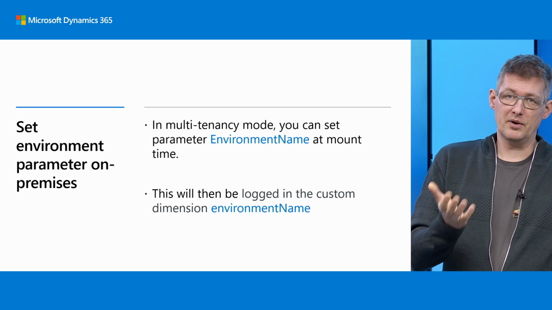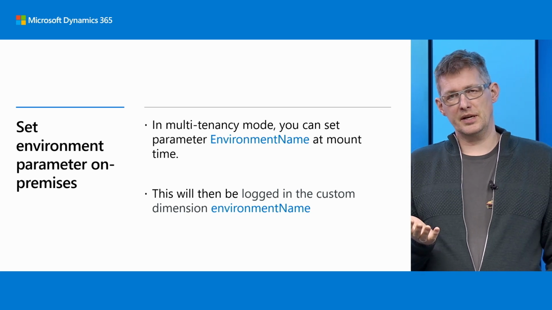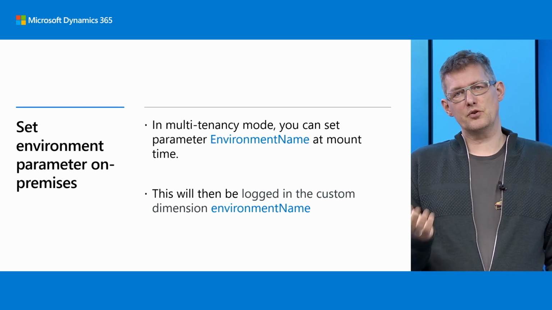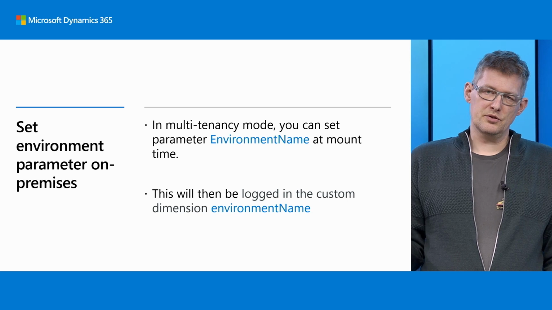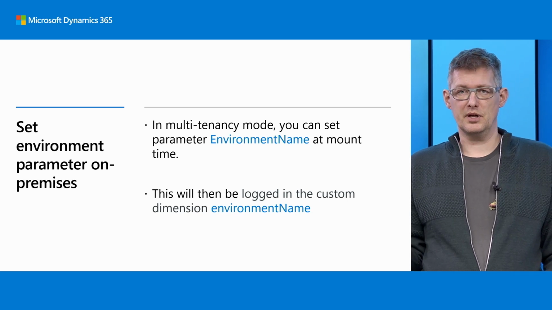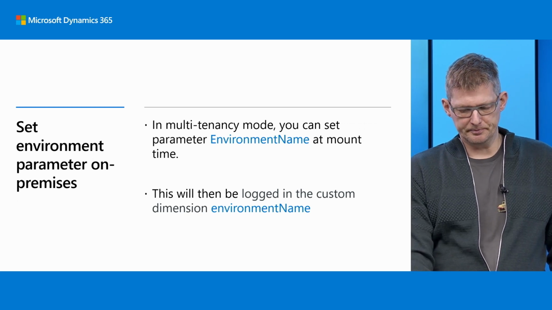Actually, we found out it is possible to set environment name when you mount a tenant, if you use multi-tenancy mode, which you should. If you do so, we in the server will log the environment name you set to the environment name dimension, and that solves part of that problem.